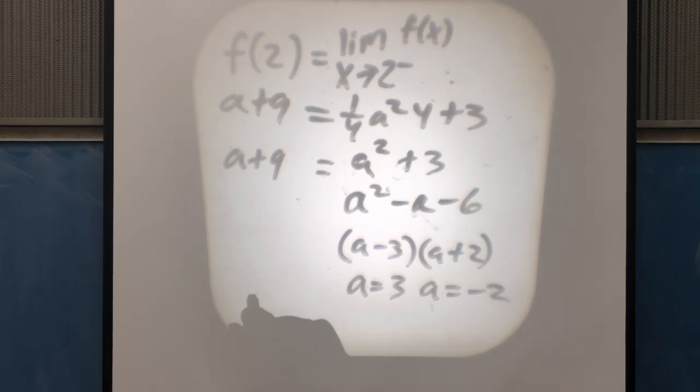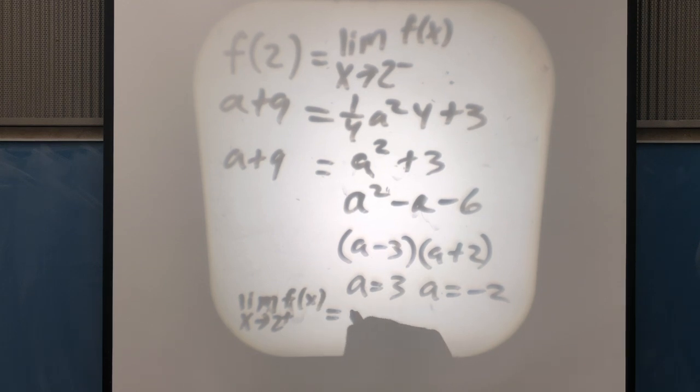And before, when the limit as x approaches 2 from the positive side equals the limit as x approaches 2 from the negative side, the values that made this true were a equals 3 and a equals 1.